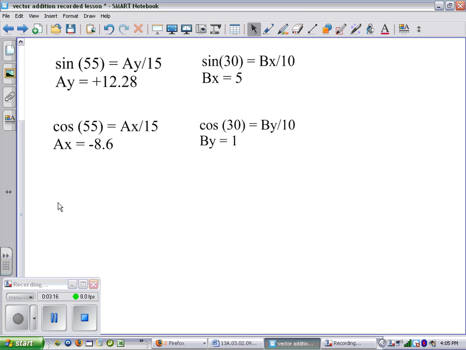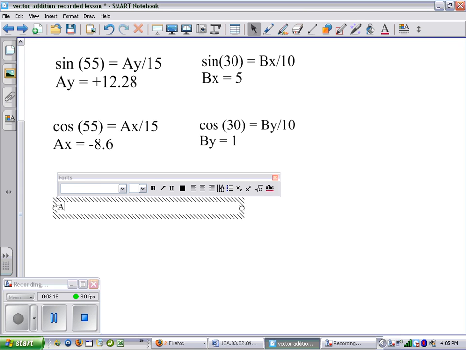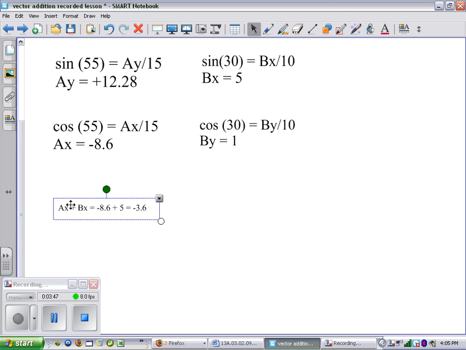So I add Ax plus Bx, which are negative 8.6 plus 5, which equals negative 3.6. Make that large enough for you to see.